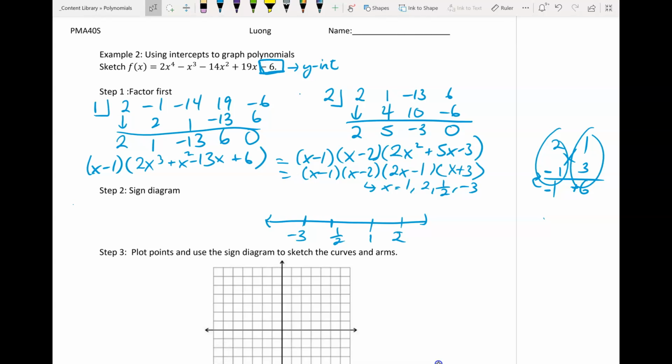So I'm going to write some steps down. We're going to plug values of x within each interval to determine the sign for the interval.